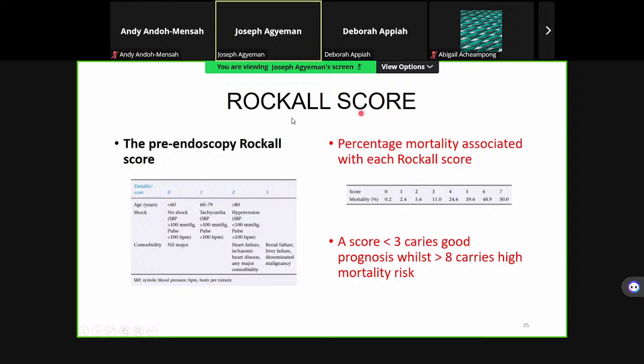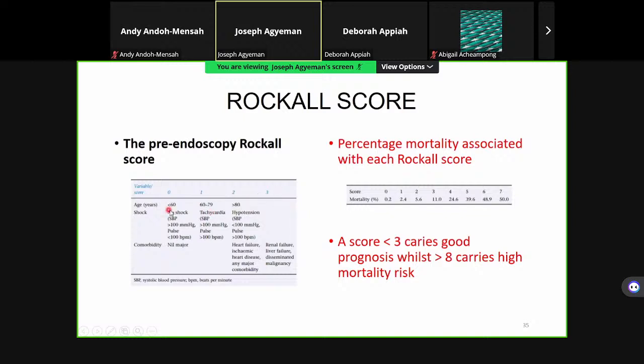It is the Rockall score that we use to assess the person's risk of mortality before you do an endoscopic treatment. So you do the pre-endoscopic Rockall score. These are the variables, the parameters that you consider and how you score them depending on the situation.